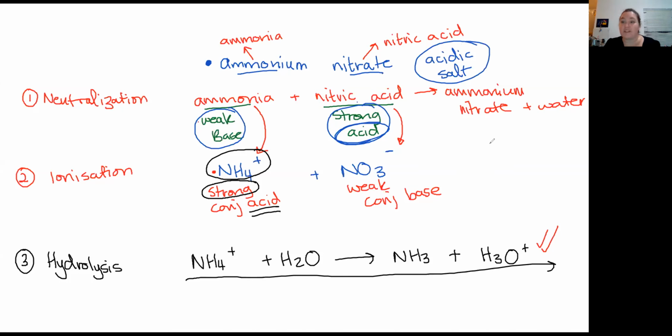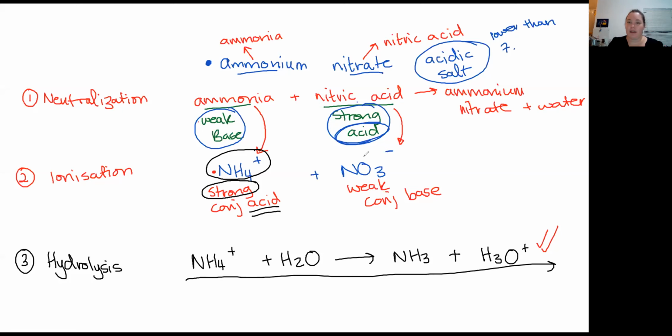Sometimes the question is, what is the pH of the salt? If it's acidic, we're looking for something that's lower than pH 7, but it doesn't have to be a lot lower. It can be just a little bit lower. So I'd usually say that if we're dealing with a salt, it's not going to be between 0 and 3. It's going to be somewhere between about 3 and about 6.